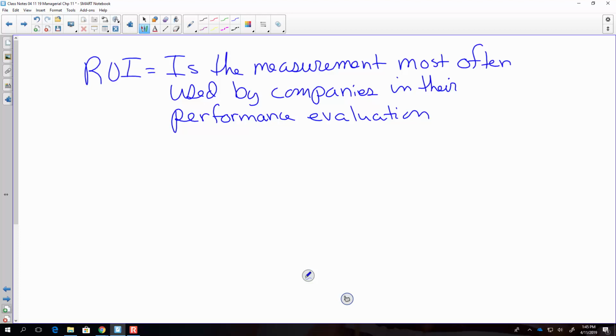Let me make a note here. What I'm trying to find is whether, when I have two competing projects, there's a test question as to which of these two measurements would be best to choose the correct path for the company. And I thought it was residual income, but I just don't see that comment here. So that's something I'm going to have to follow up on for next week, Tuesday.